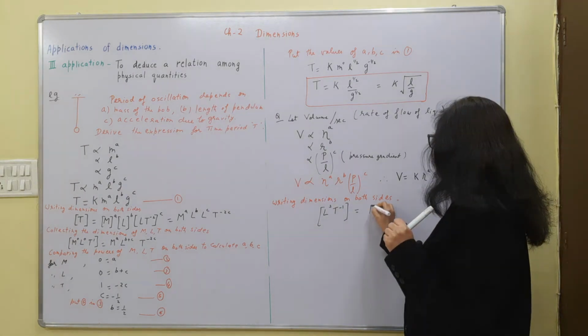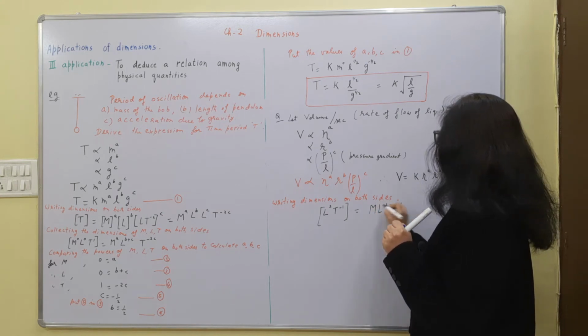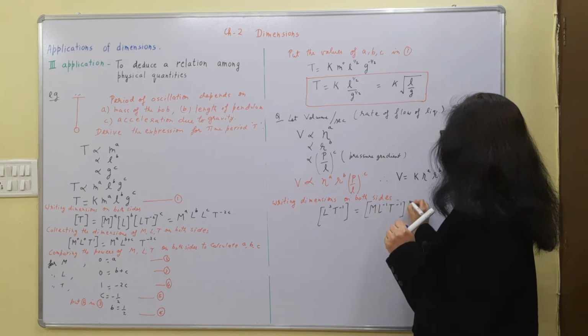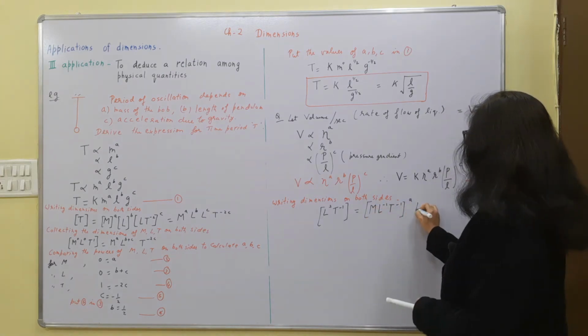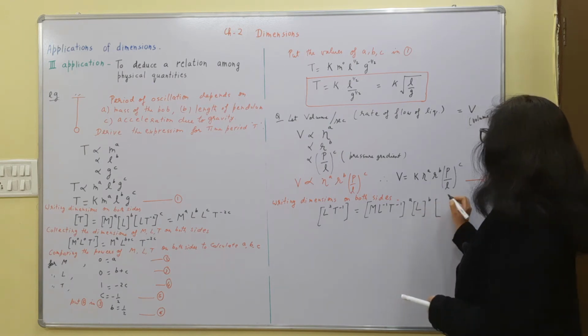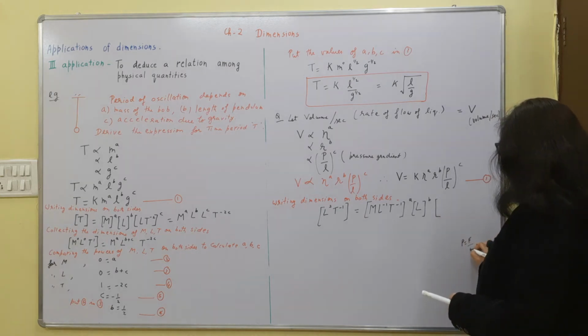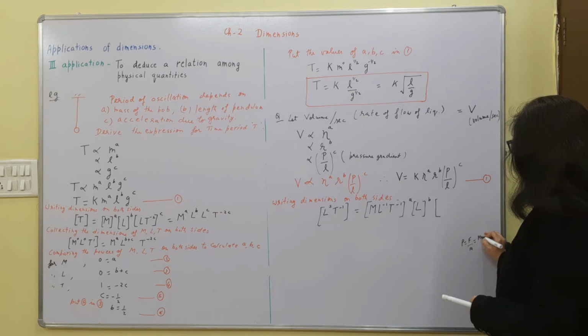So we can write it m L minus 1 t minus 1 to the power a. R is length because this is radius. This is to the power b. Pressure is force upon area. Force upon area is m L t minus 2 upon L squared.